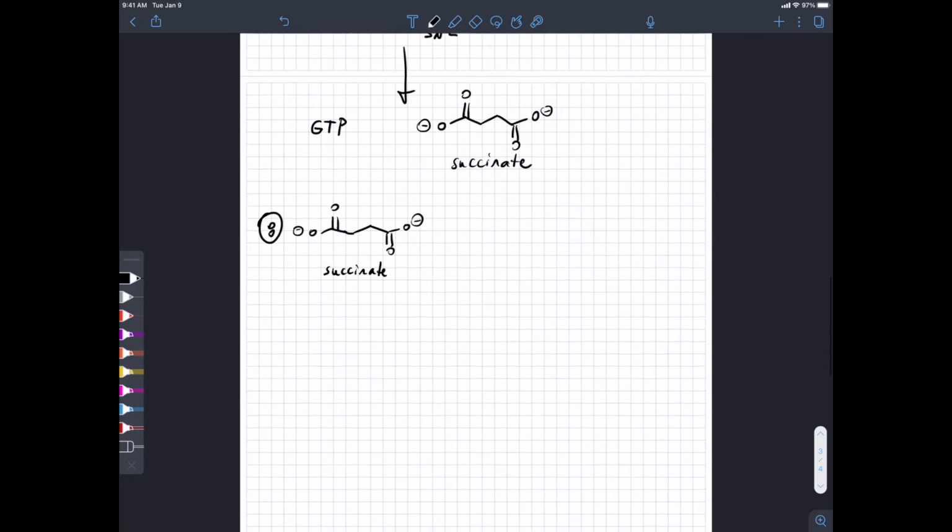And we're going to use FAD. And at the end of the reaction, we're going to have this molecule where we've installed a double bond between alpha and beta carbons. And we'll get FADH2, which can then go to the electron transport chain.